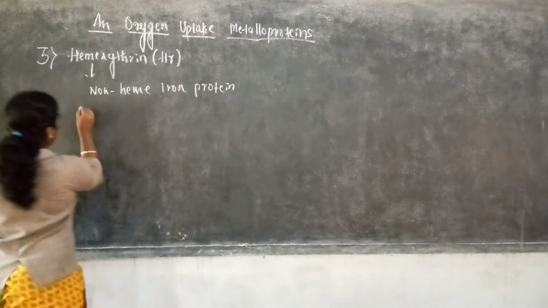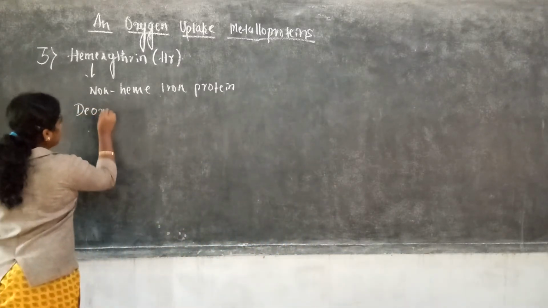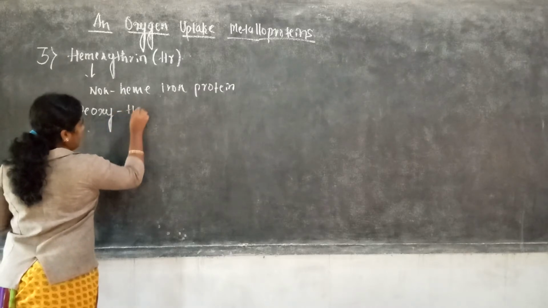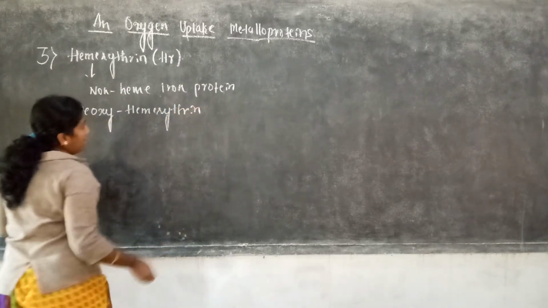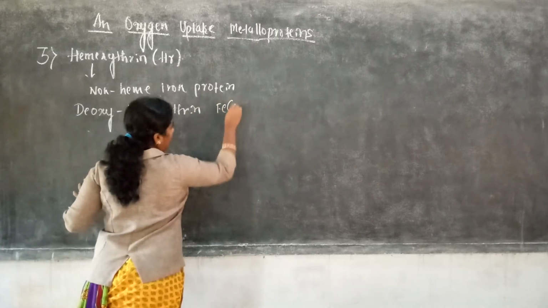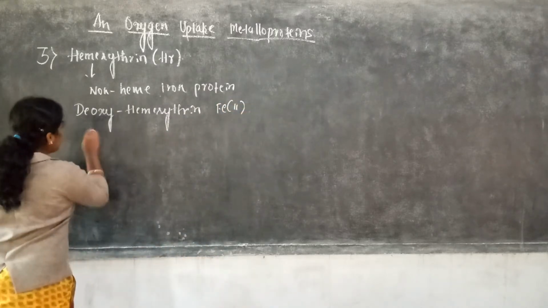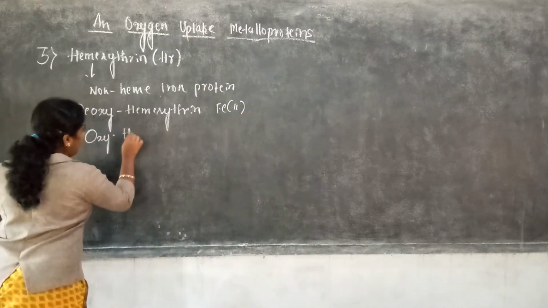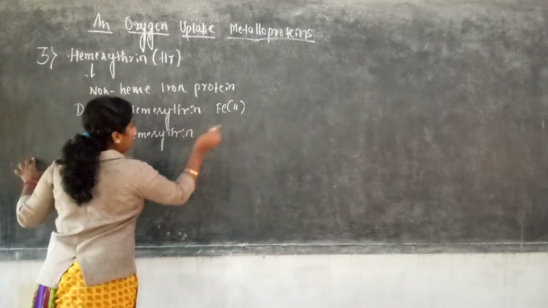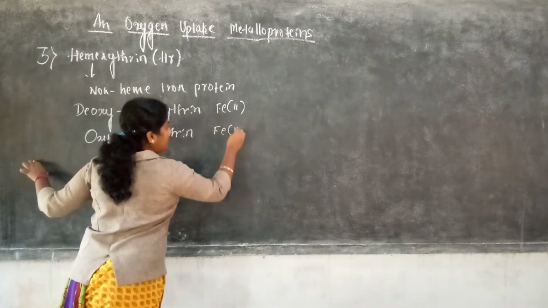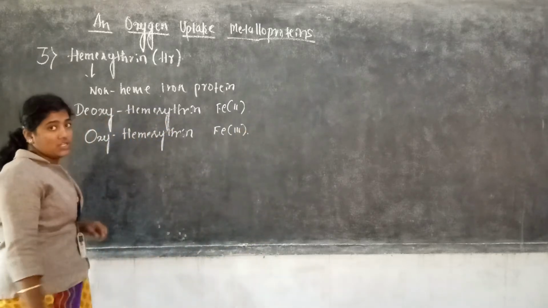So here, deoxyhemerythrin is in the +2 oxidation state. Then oxyhemerythrin is in the +3 oxidation state.